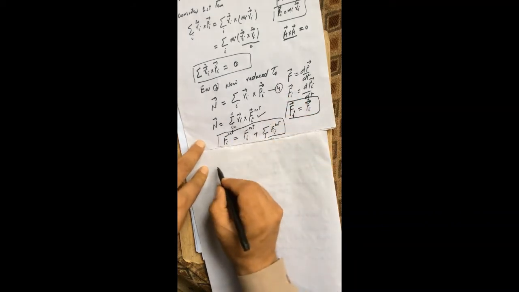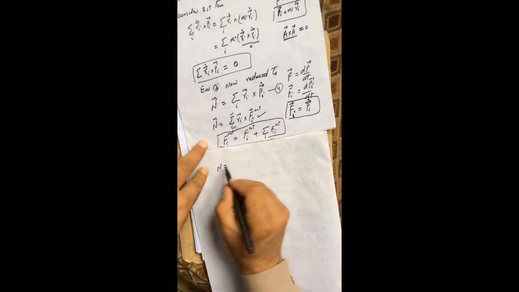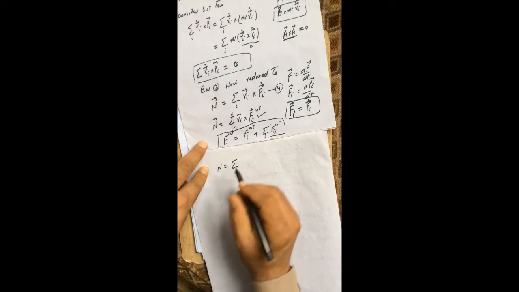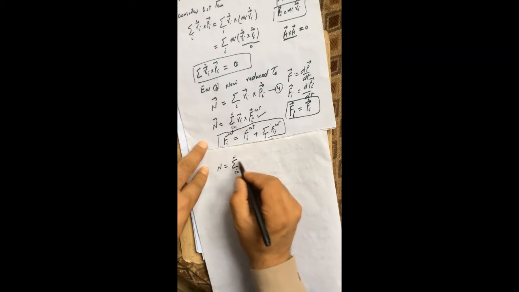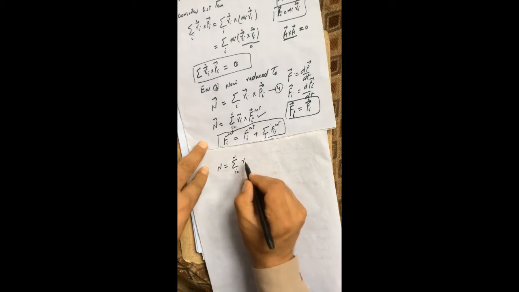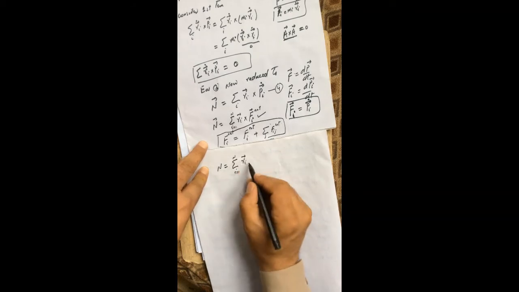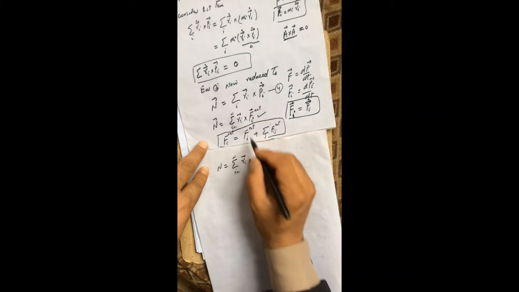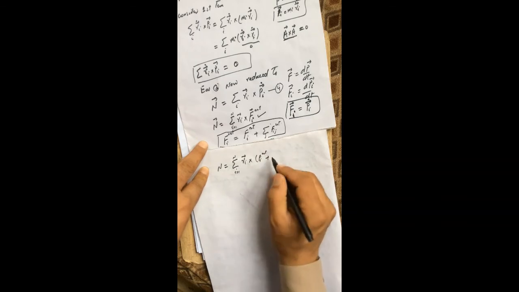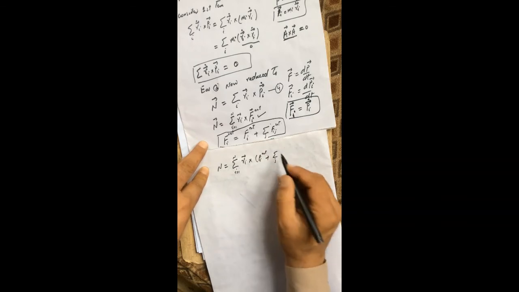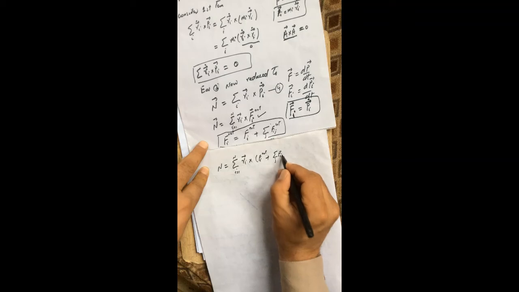Then this equation N will reduce to N is equal to sum over i, such that i started from 1 up to n, and we have r_i cross F_i net, which is equal to F_i external plus sum over j F_ij internal.